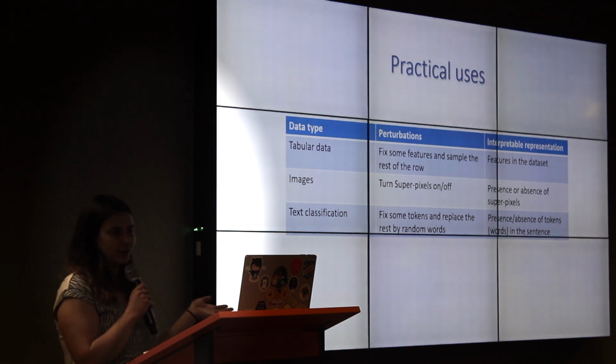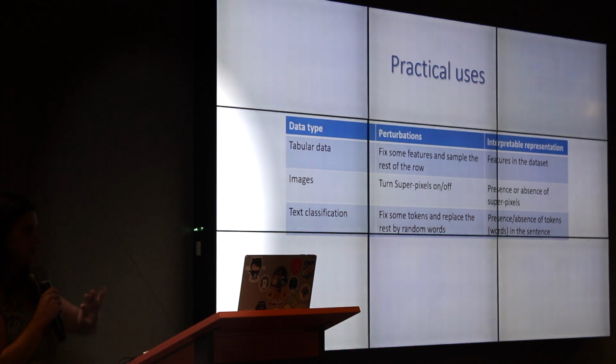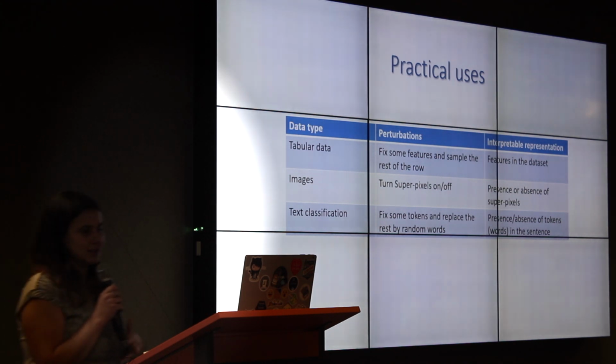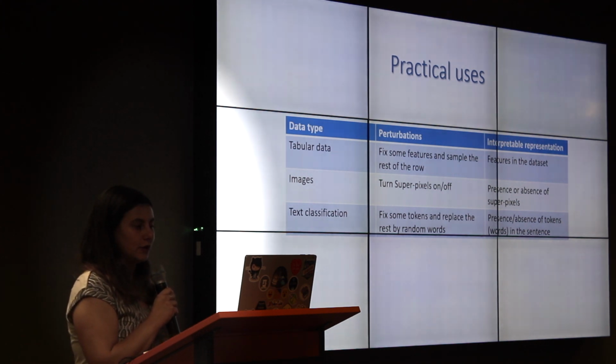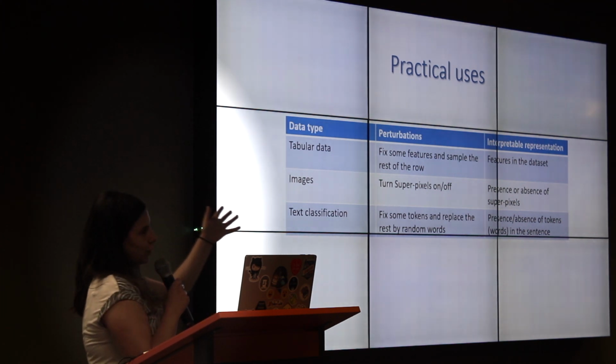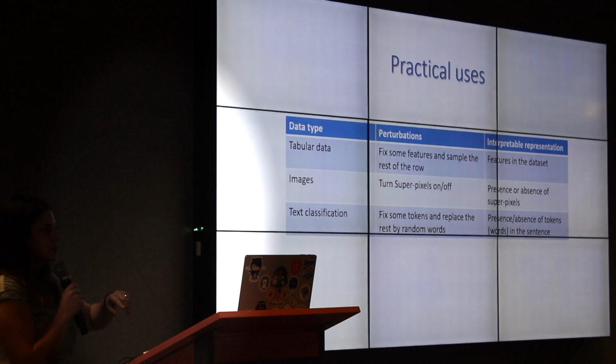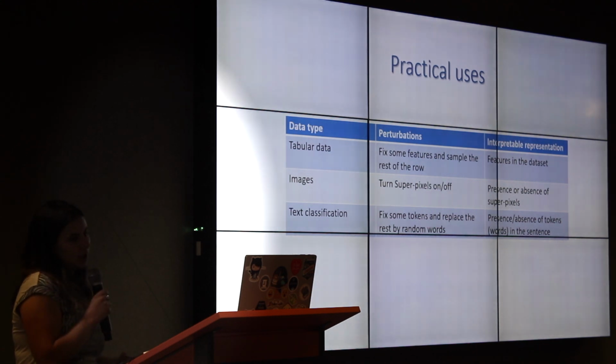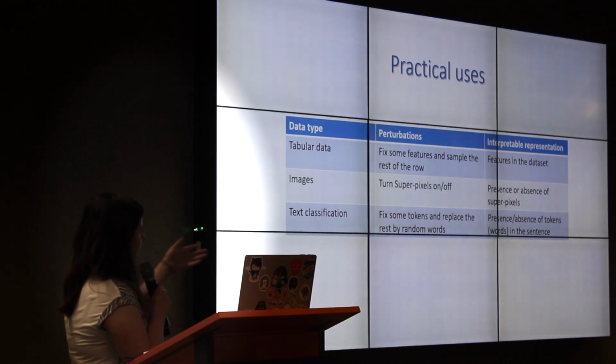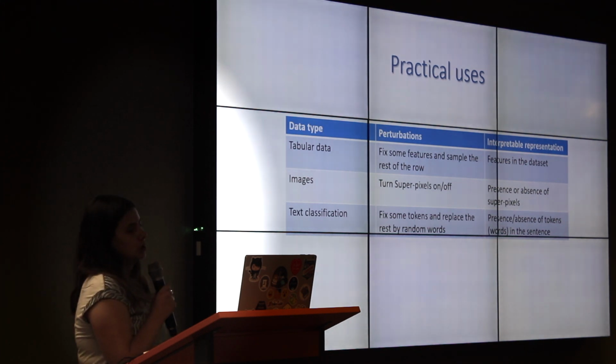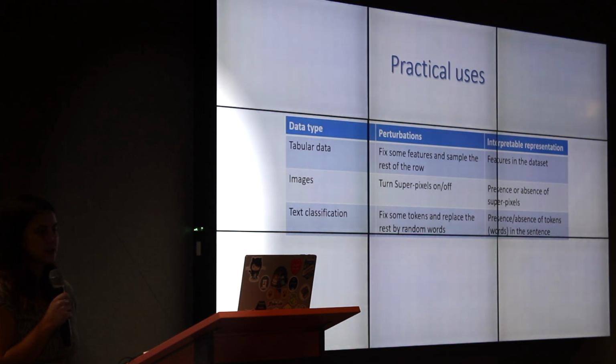If you have a look at this example, they're really funny. You sort of see the head of the dog with a Union Jack around it. Can you detect it? Maybe, maybe not. That's very interesting, because those perturbations are a lot more interesting in the Anchors case. And again, the interpretable representation is the presence or absence of the superpixel.